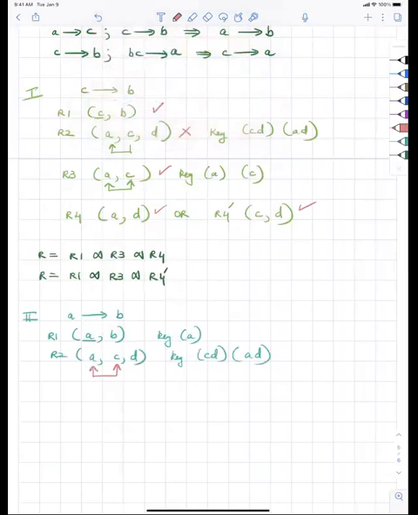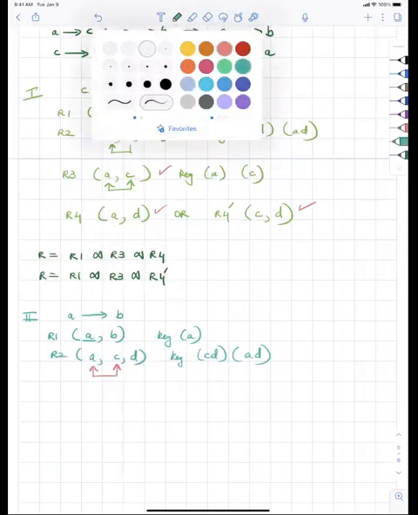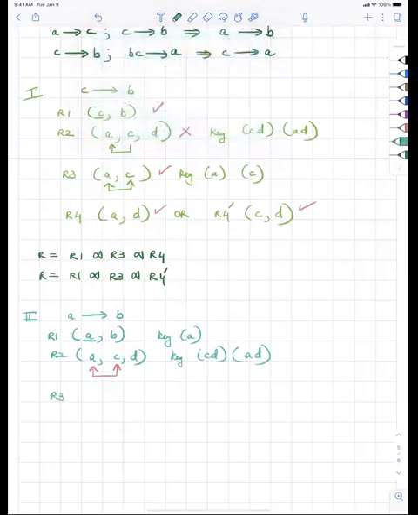So the rest of it is going to be like the previous problem. So we have R3, and you can bring either A or C down, it doesn't matter.